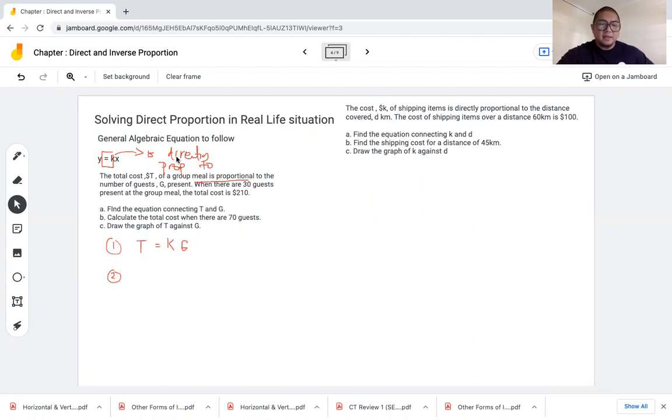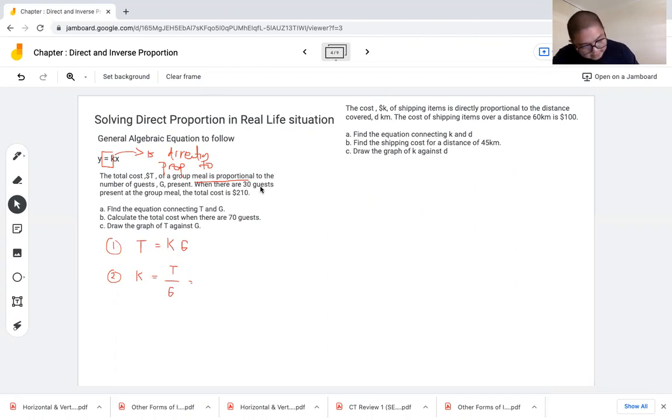Okay, so now the next thing is the same procedure. We are going to look for the value of k. If the value of k is equivalent to y over x, then all we need to do is say that k is equivalent to T over G. And we know that the values of T over G here, it says when there are 30 guests.